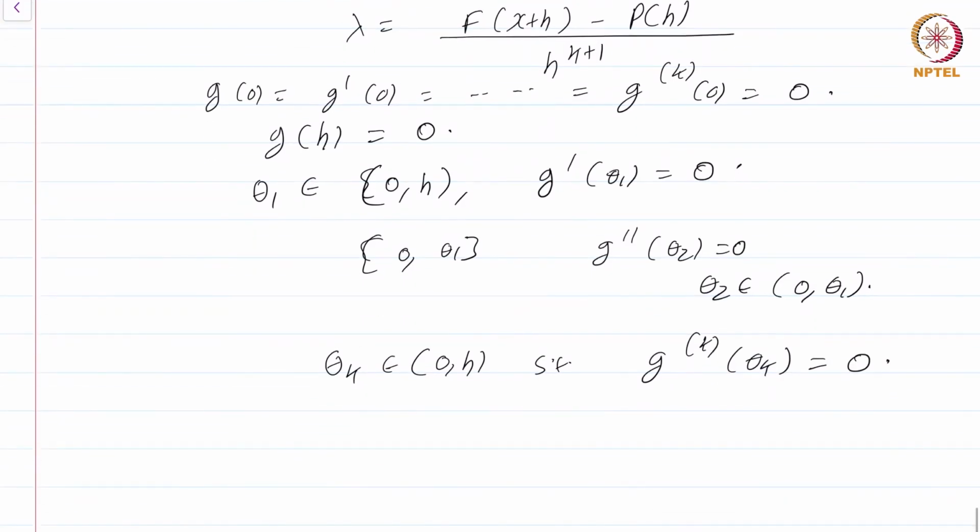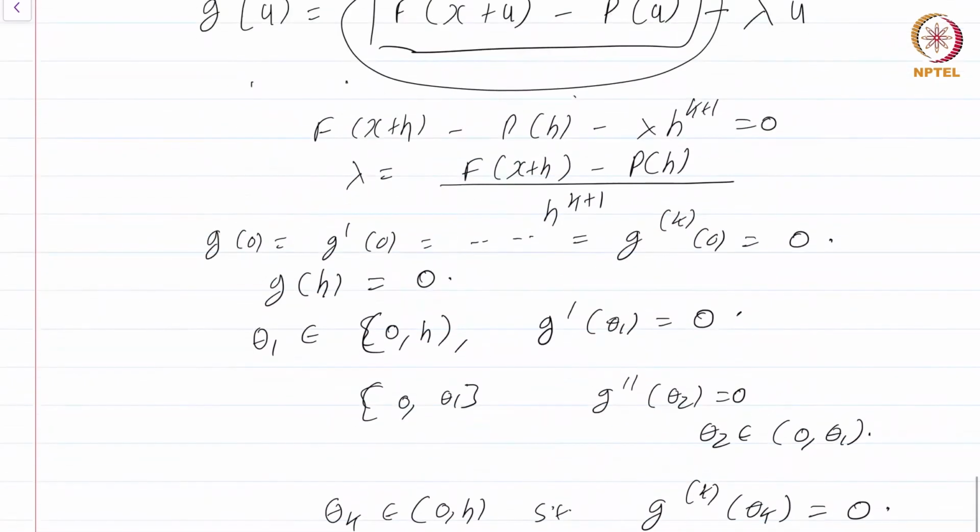But we are now assuming that the function f is k plus 1 times differentiable. So we can apply Rolle's theorem once more to get a point theta k plus 1 in 0 theta k such that g to the k plus 1 of theta k plus 1 is 0. Now this is what I want.